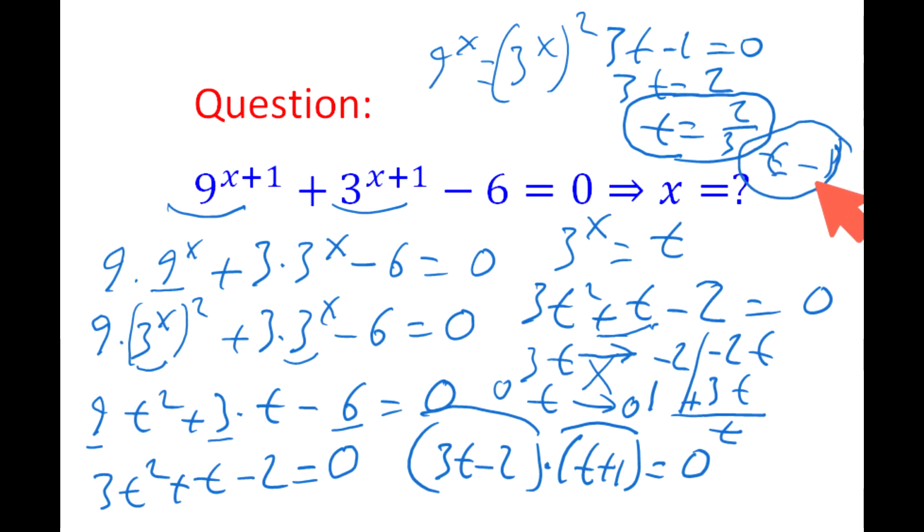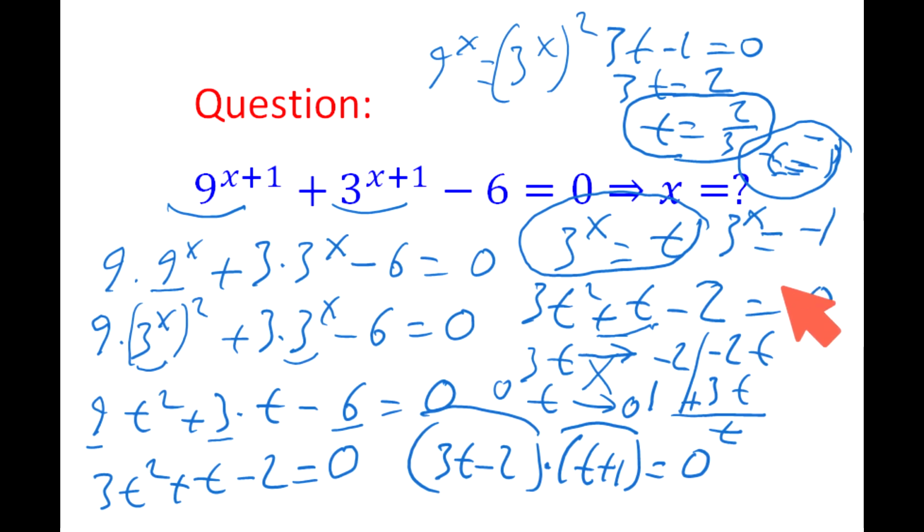Well, let's start with the second case first, okay. If t is negative 1, then because we said here t is 3 to the power of x, right? So that means 3 to the power of x is negative 1. Is it possible?